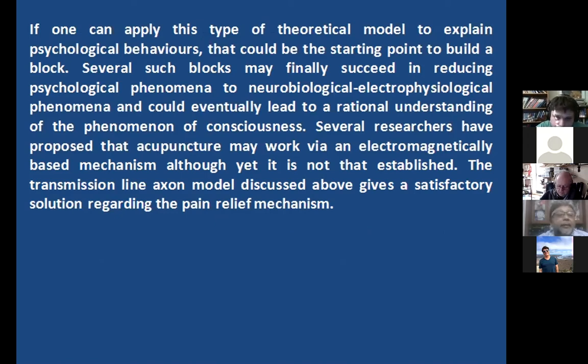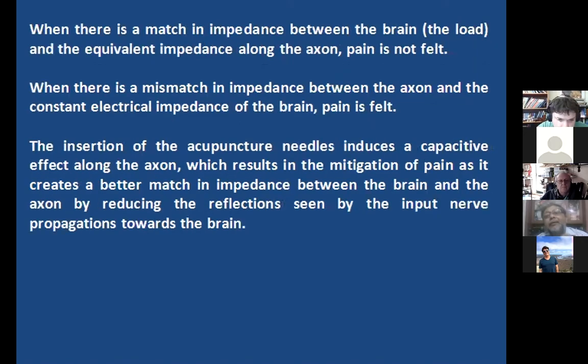Several researchers have proposed that acupuncture may work via an electromagnetically based mechanism, although it is not yet well established. The transmission line axon model discussed above gives a satisfactory solution regarding the pain relief mechanism. When there is a match in impedance between the brain, the load, and the equivalent impedance along the axon, pain is not felt.